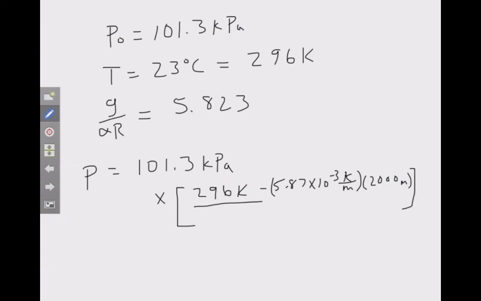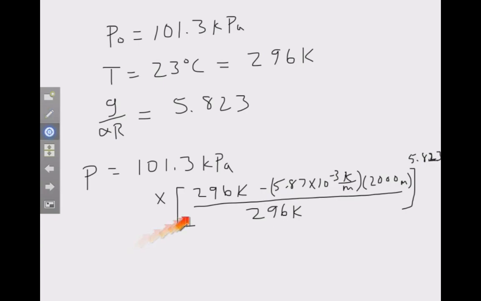And this is all divided by 296, and all to the power of 5.823. It's kind of a grubby thing.